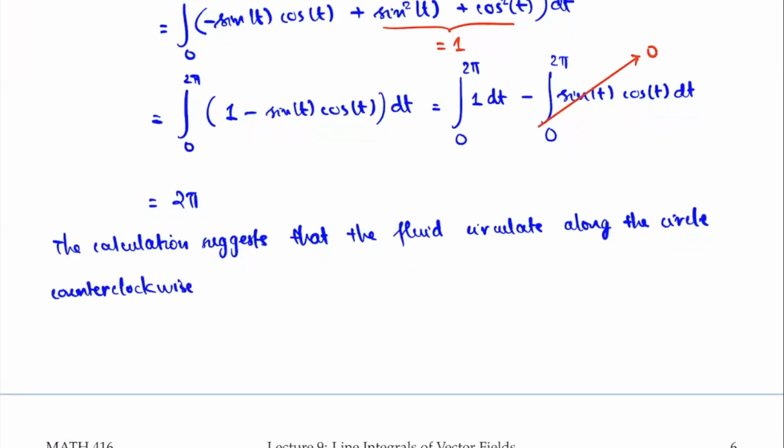Why counterclockwise? Because even if you don't have the figure, you can still conclude that the fluid circulates along the circle counterclockwise. That's right. And by definition or by convention, counterclockwise is always the positive direction for the unit circle, or for any circle for that matter.